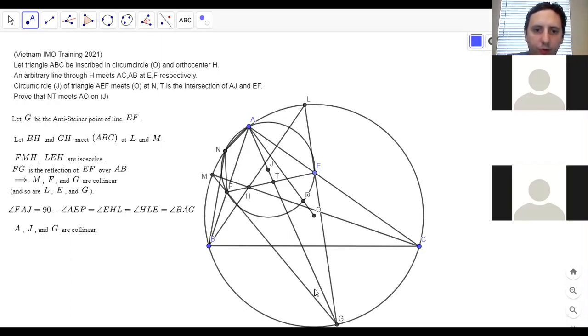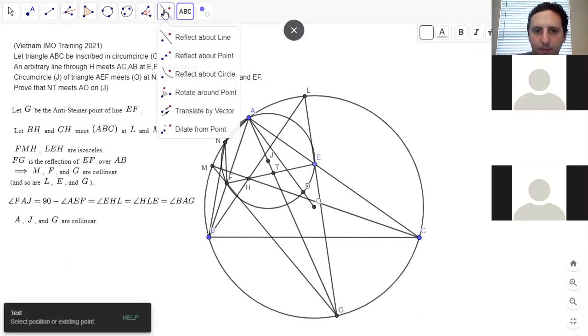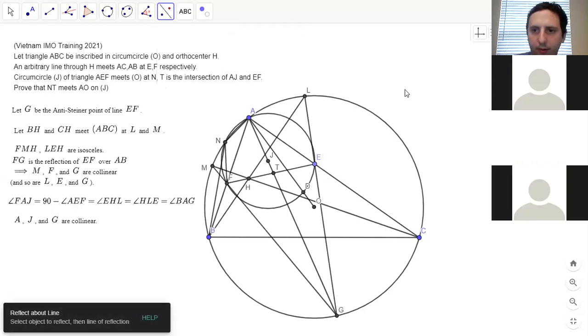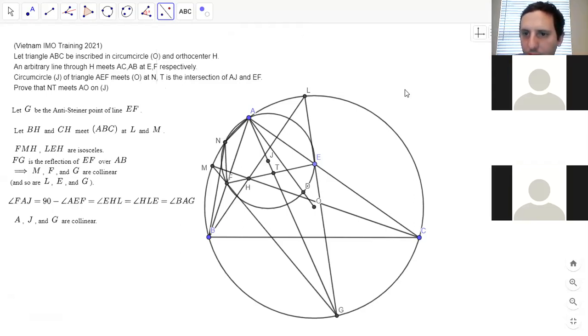Once we know that A, J, and G are collinear, so if we reflect G over O, okay, DE over DF, I'm trying to understand Serdar's proof. So we want to prove that DF over DE equals TF over TE times NE over NF. Yeah, I remember that lemma.